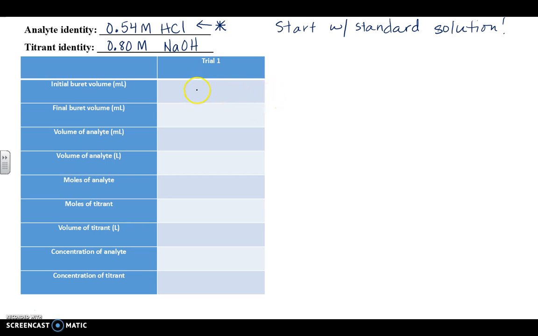So let's say that I started off with an initial volume in my burette of 1.90 milliliters. Remember, two numbers after the decimal. And I started with an initial analyte volume of, let's say, 15.0 milliliters. All numbers that I know and one that I'm guessing, right?